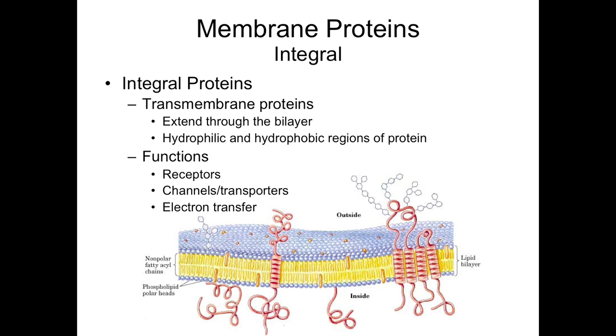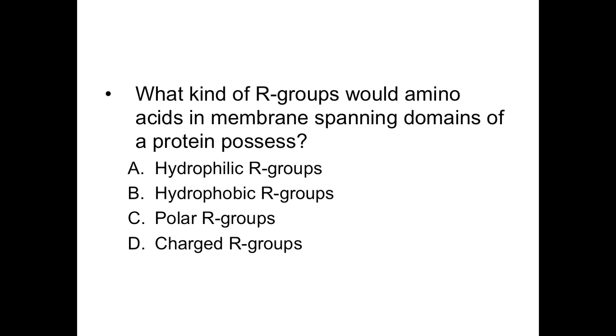The transmembrane proteins tend to be things that have something to do with interaction of the inside of the cell with the outside environment, such as receptors or transporters, electron transfer proteins where they're moving protons from one side of the membrane to another. All right, so I want you to go back to thinking about the basic biochemistry of these molecules.